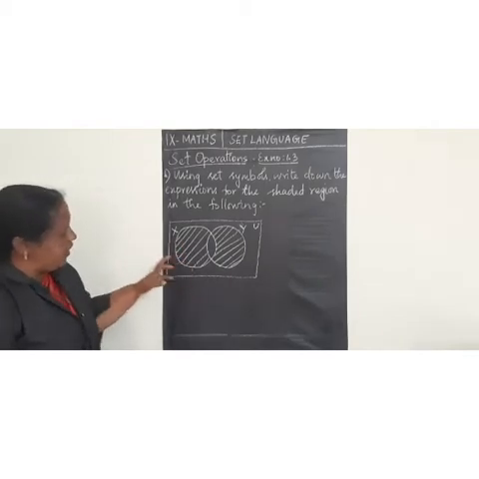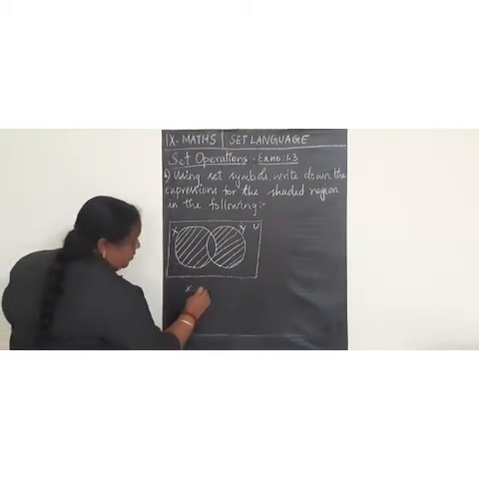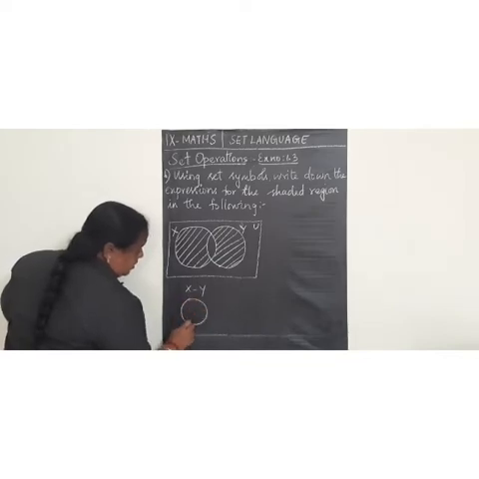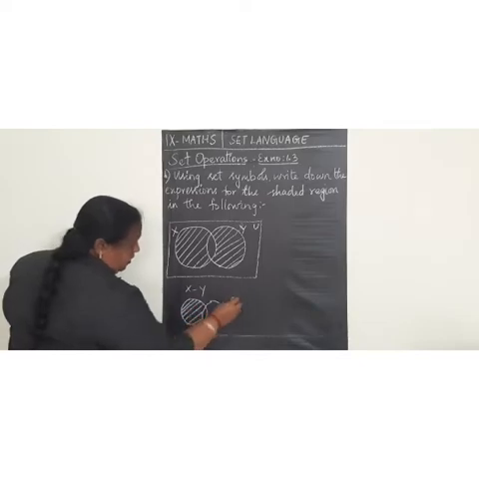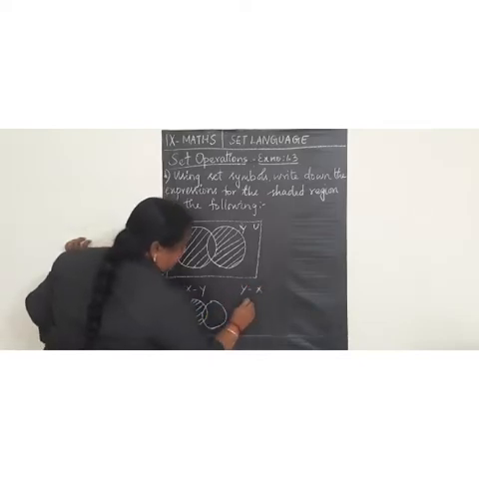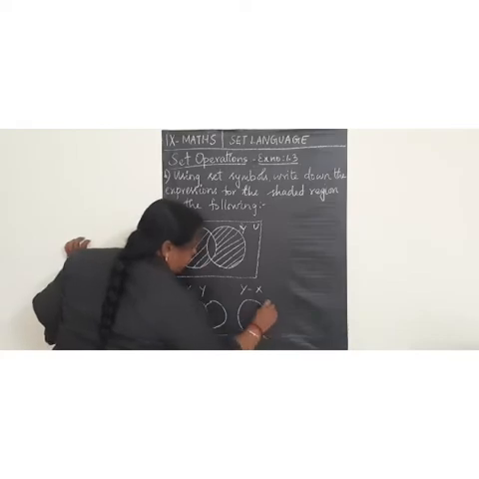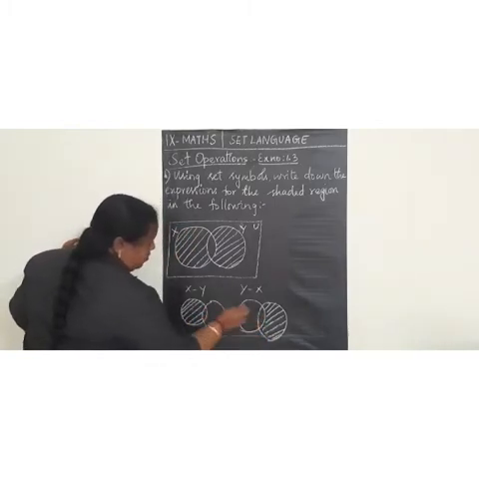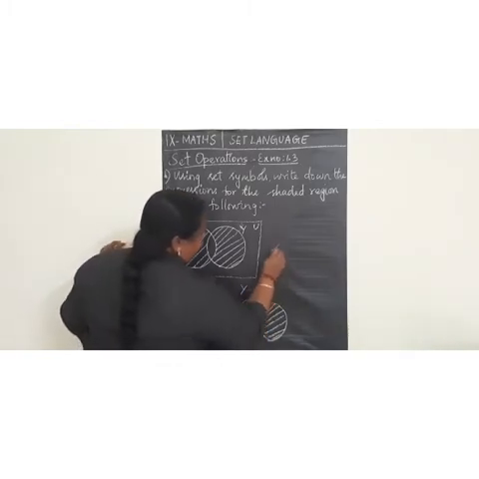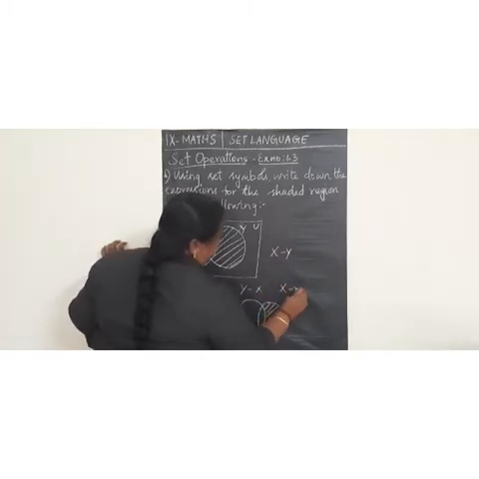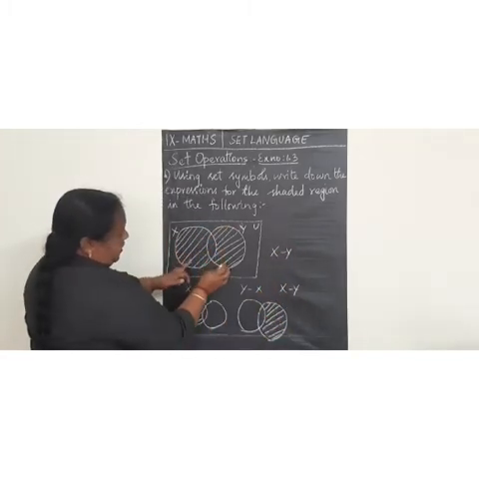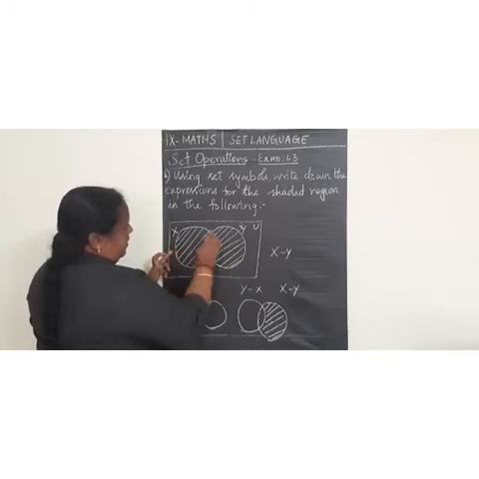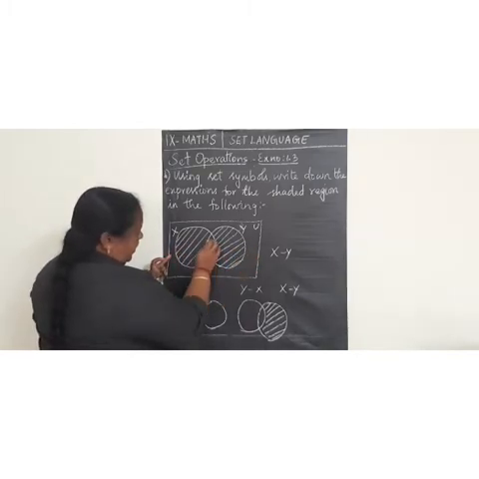Next, we are given a Venn diagram like this. X minus Y means we shade only the X part alone. Y minus X means we shade only the Y part, not the intersection part. Here, X and Y are shaded leaving the intersection part.